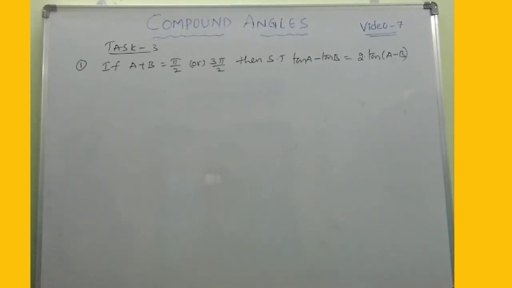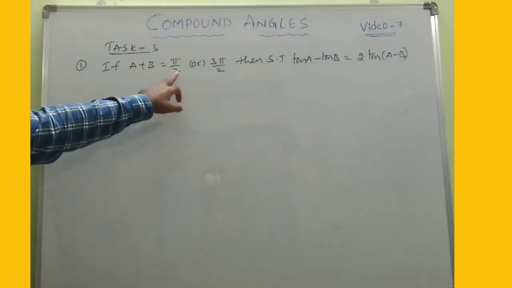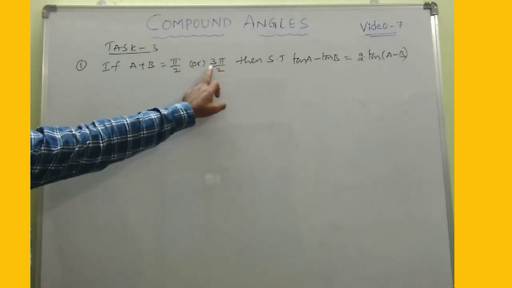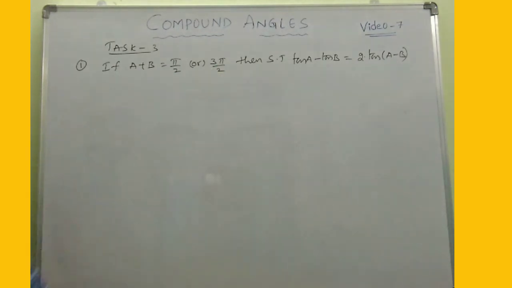Okay, ma? So the condition is a plus b is equals to either 90 or 3 into 90, I mean 270. Then we need to prove that tan a minus tan b is equals to 2 into tan of a minus b.